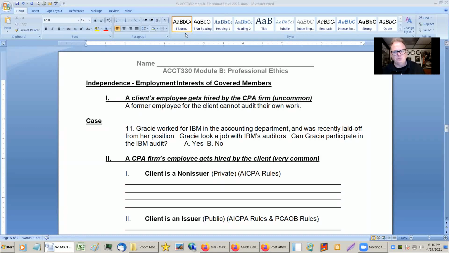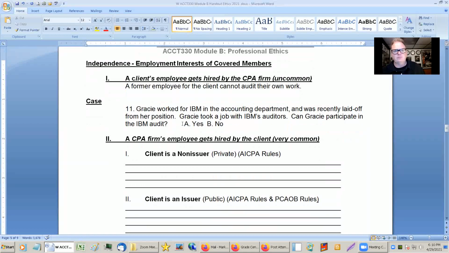Okay. So Gracie worked for IBM in the accounting department and was recently laid off from her position. Gracie took a job with IBM's auditors. Can Gracie participate in the IBM audit? What do you think?